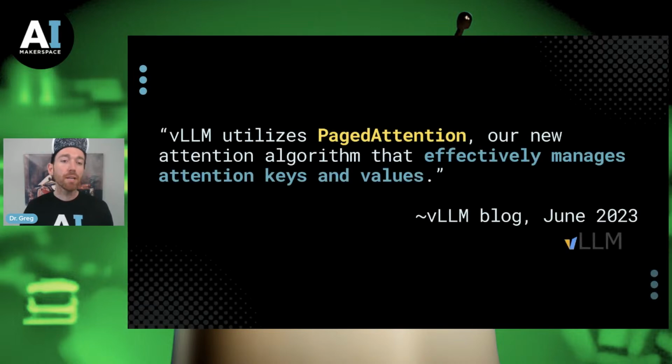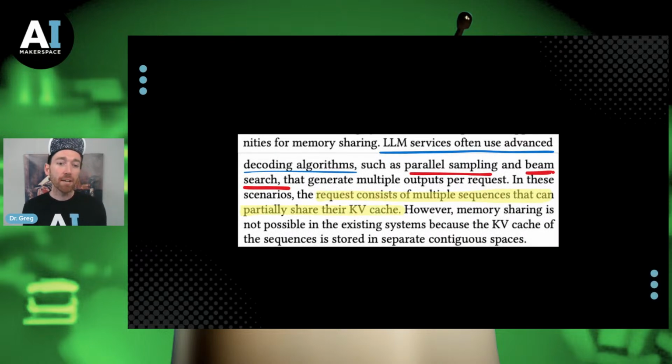And so vLLM said, okay, to try to solve this problem, we're going to use this paged attention algorithm. We're going to effectively manage our attention keys and values. This is the idea of a KV cache. And moreover, this KV cache is incredibly useful when you're dealing with an LLM that is going to use some sort of advanced decoding algorithm.